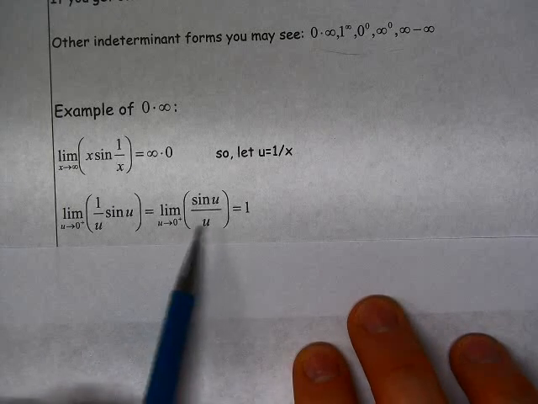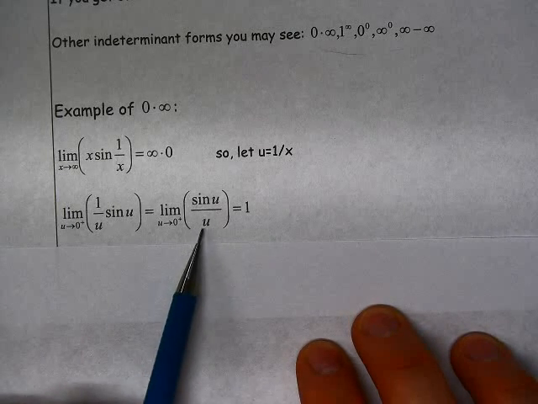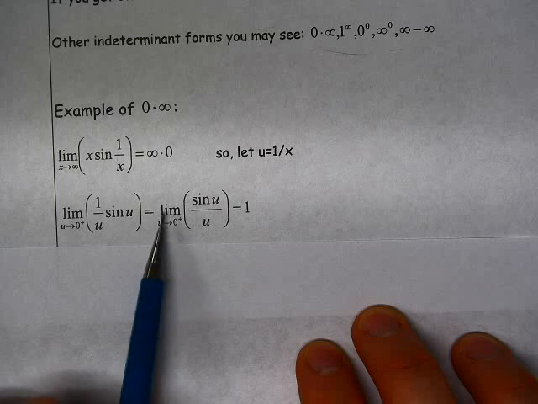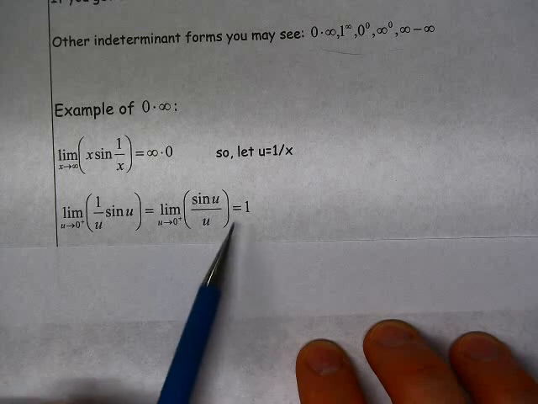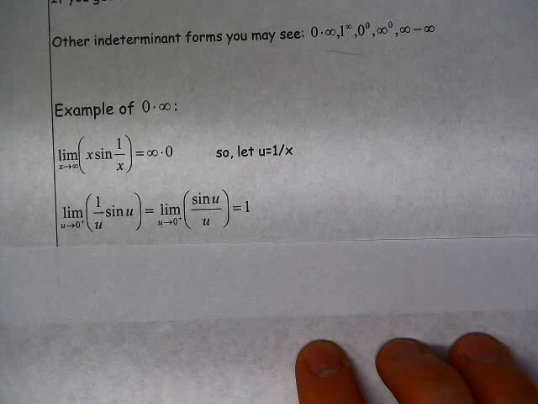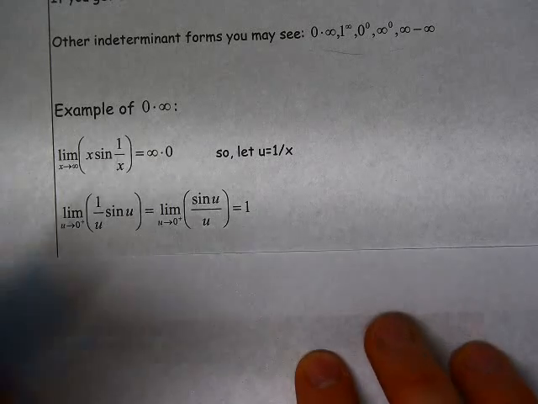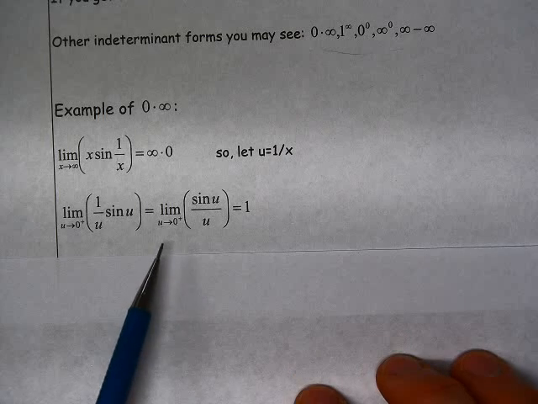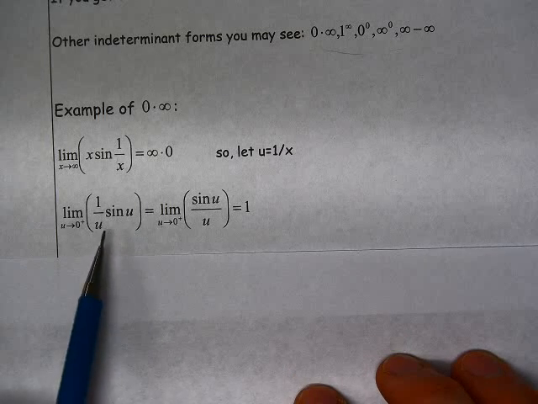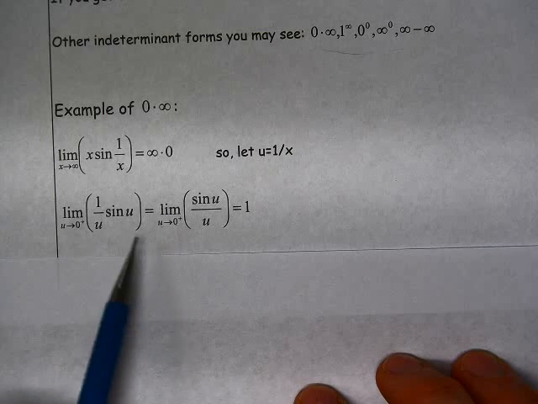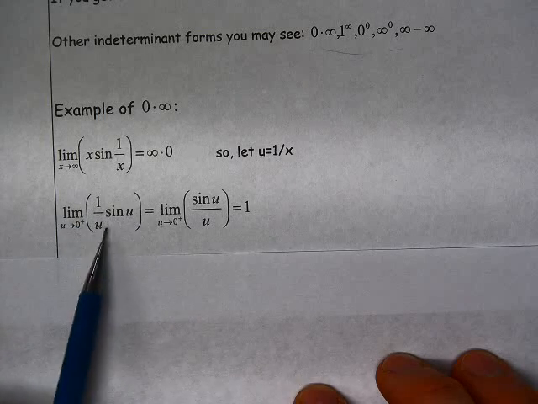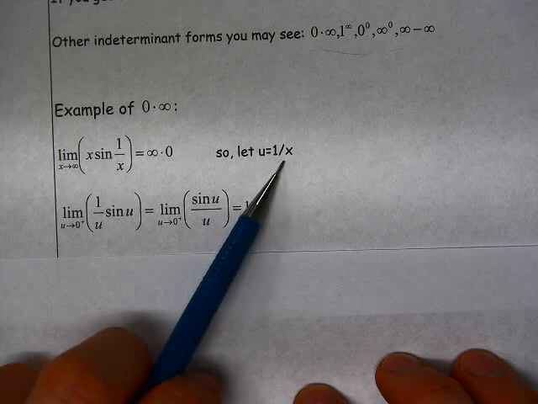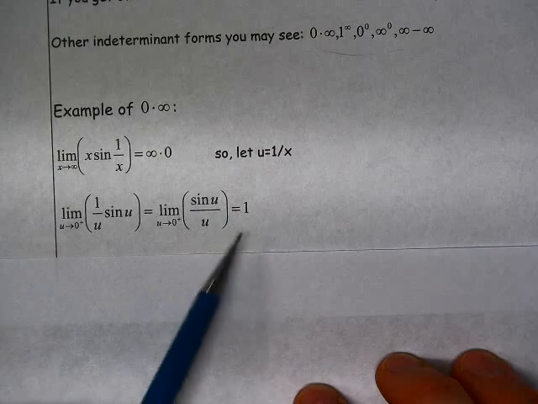And now when I look at this, I see that it's really sine u over u. And we know that the limit as u approaches 0 of the sine of u over u is equal to 1. So that's a technique where we actually didn't even have to use L'Hopital's rule, but we rewrote the limit in terms of this substitution so that we could then evaluate it.